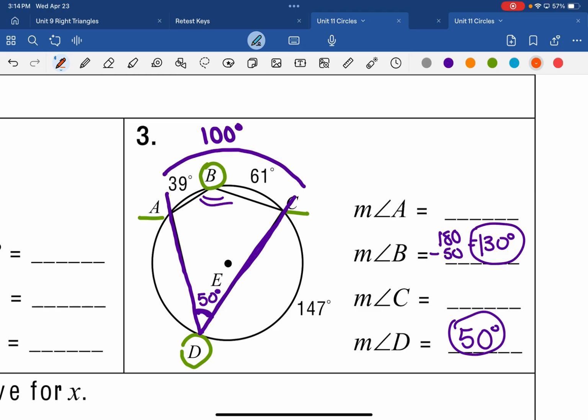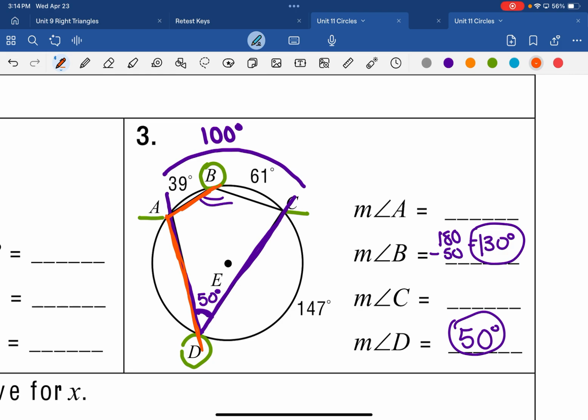Okay. So then we're looking at A and C. Which one can I actually use the arcs to find? A or C? A. So I go to A right here, and I expand A. What 2 arcs is A using?